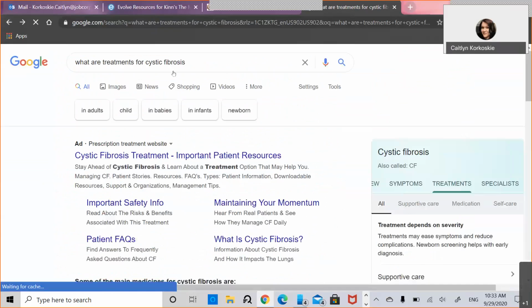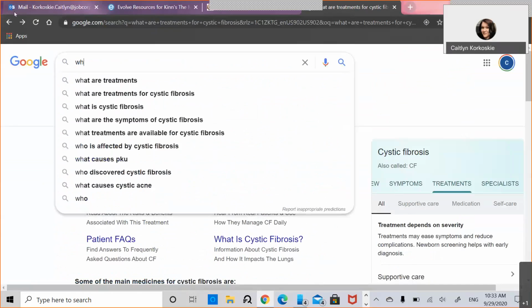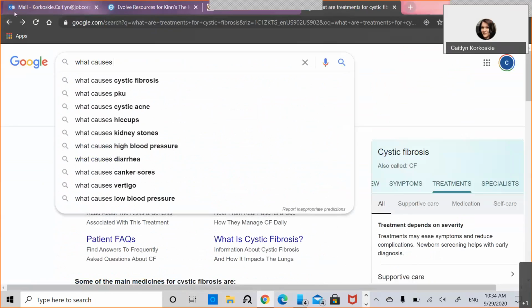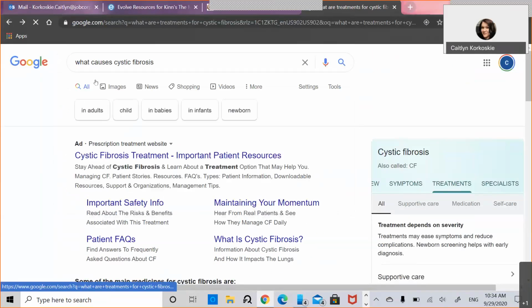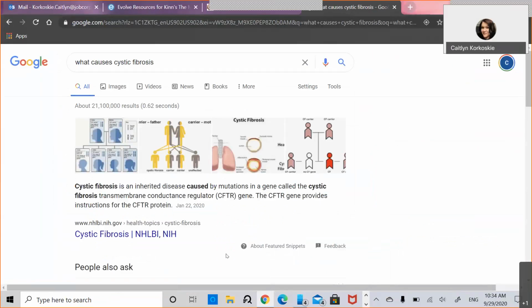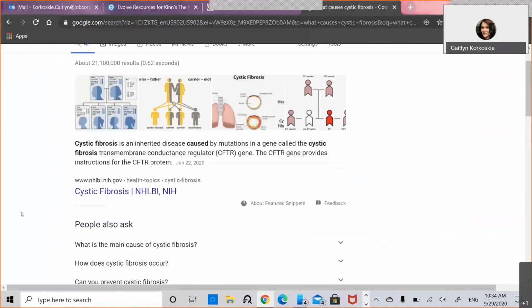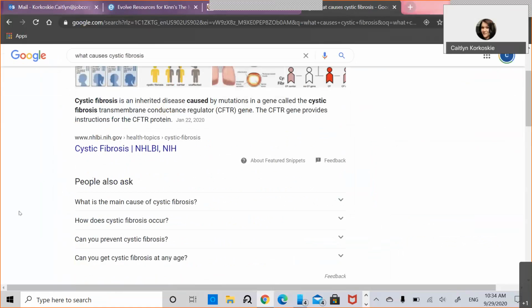Okay, so again, it's a genetic or inherited type of disease. It's some type of mutated cells, so it has to be passed down from their parent.